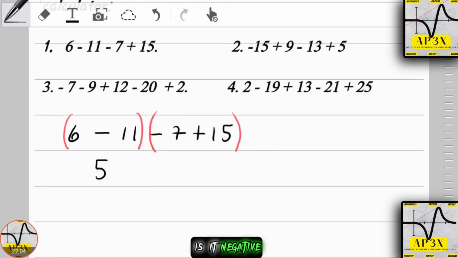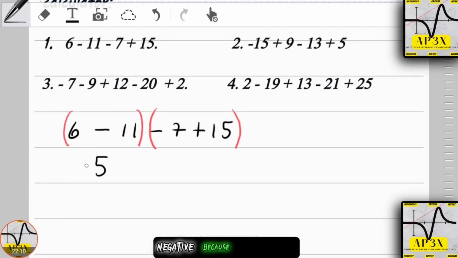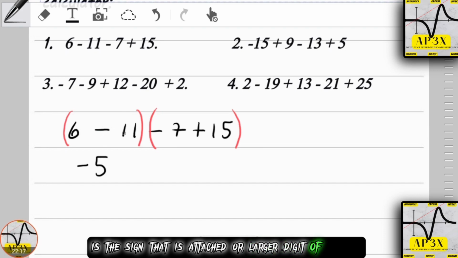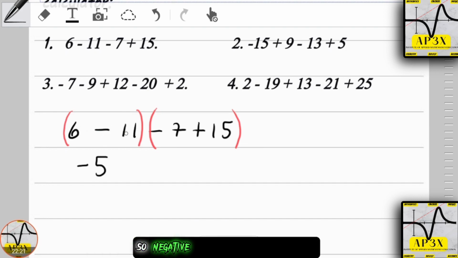But is it negative or is it positive? Well, in this example, it is negative, because the negative is the sign that is attached to the larger digit of the 2. So 11 is larger than 6, so negative is attached to the result.